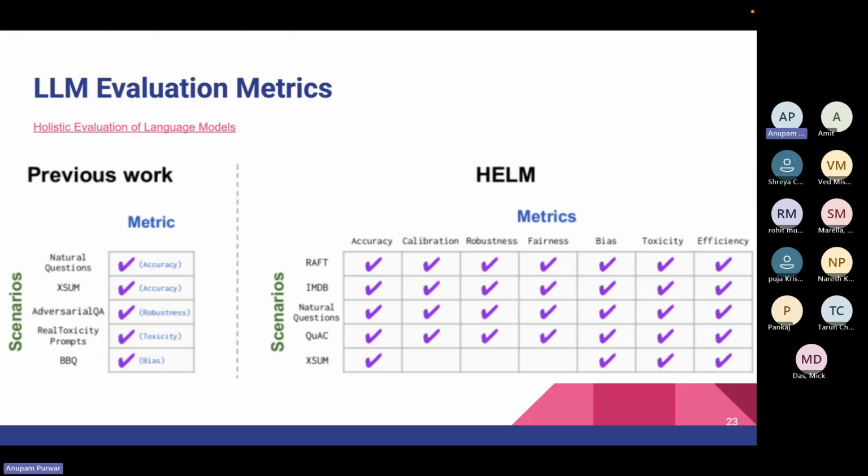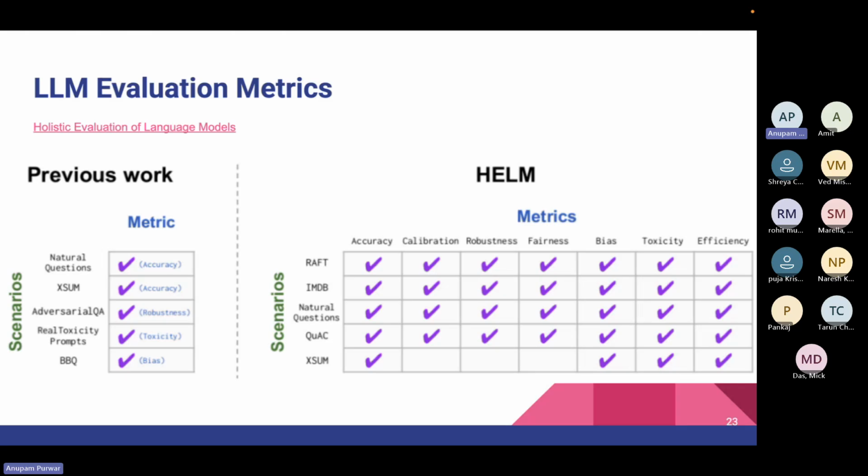Then there's another framework, known as HELM, which is from Stanford. The full form of this is Holistic Evaluation of Language Models. It has different attributes like accuracy, calibration, robustness, fairness, bias, toxicity.